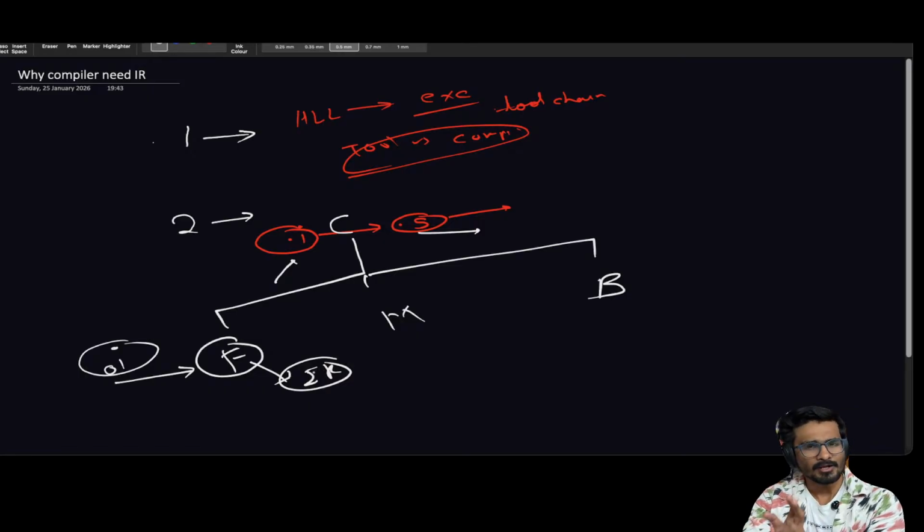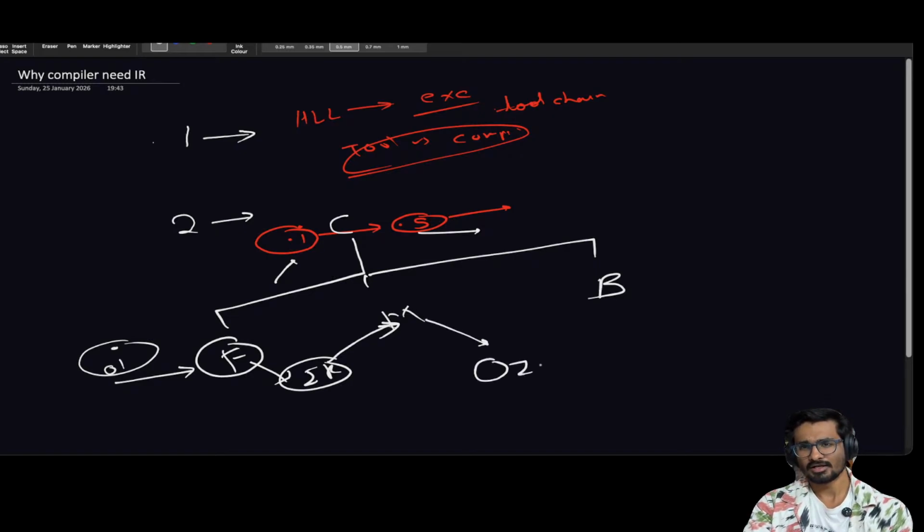It's somewhere in the middle. We will see how it looks. This IR is given to the middle end as input, and the middle end generates optimized IR. This optimized IR is given as input to the backend, and the backend then generates the assembly.